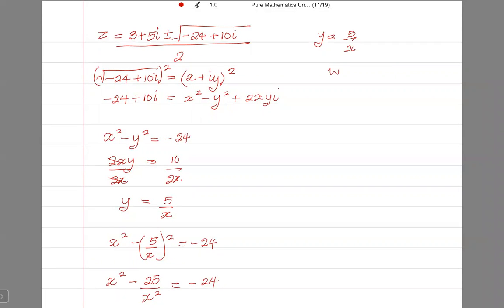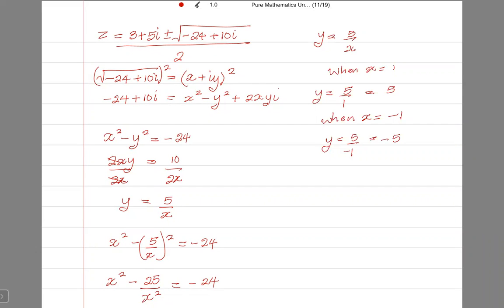So when x is equal to 1, y is equal to 5 over 1, which is 5. And when x is equal to -1, y is equal to 5 over -1, which is -5.